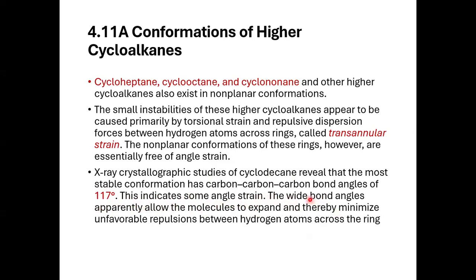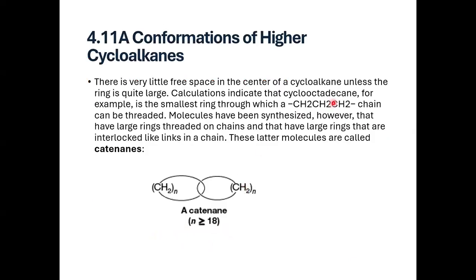Why is that? The wide bond angles apparently allow the molecules to expand and thereby minimize unfavorable repulsions between hydrogen atoms across the rings. Therefore there is very little space in the center of the cycloalkane unless the ring is quite large. Calculations for cyclodecane indicated the smallest ring through which a chain of CH2 carbons can be threaded, and such molecules have been synthesized.